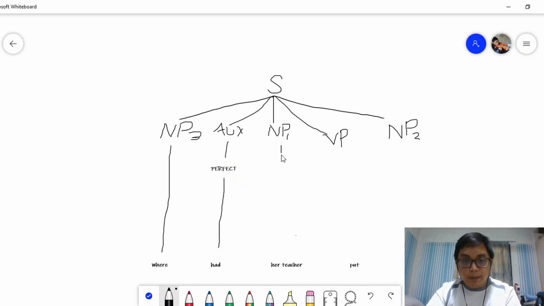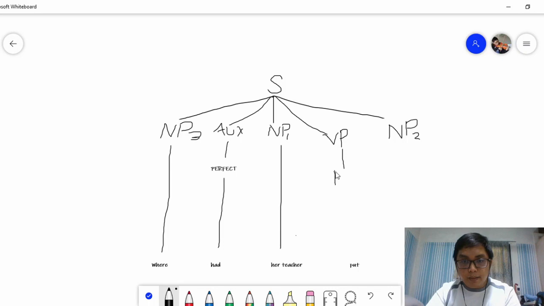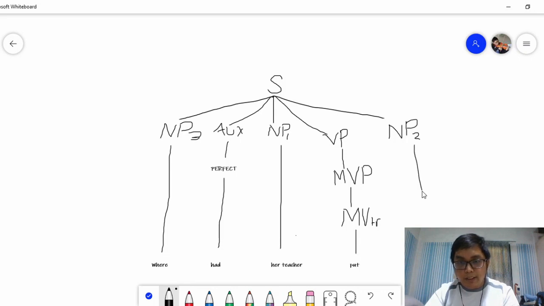Had, then NP1 still going there. Then still this time with your VP, don't forget that you need now to put VP and then MVP, right? And then use the MV transitive. Okay, and then drag it down and drag that down.